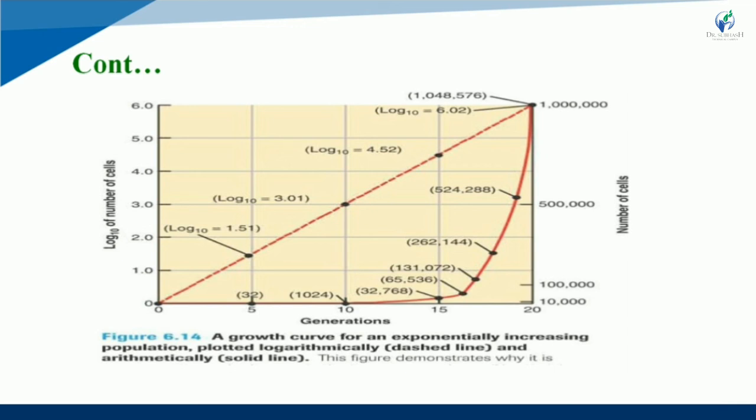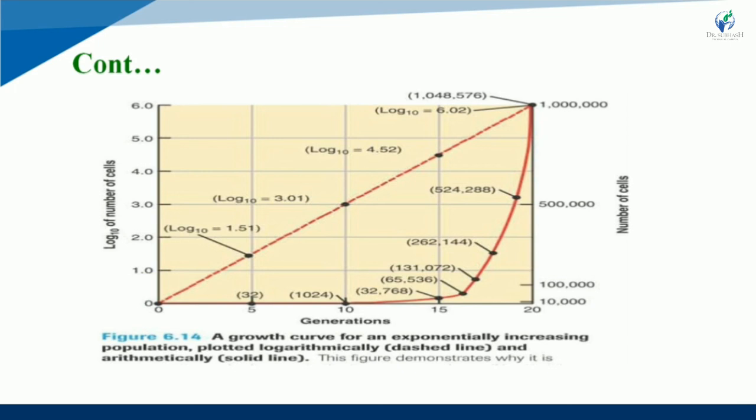The dashed line indicates the logarithmic value, while the solid line indicates the arithmetic value. In the first 2 to 3 generations, the solid line, the arithmetic value, is not separate from the baseline and does not grow at the initial stage.